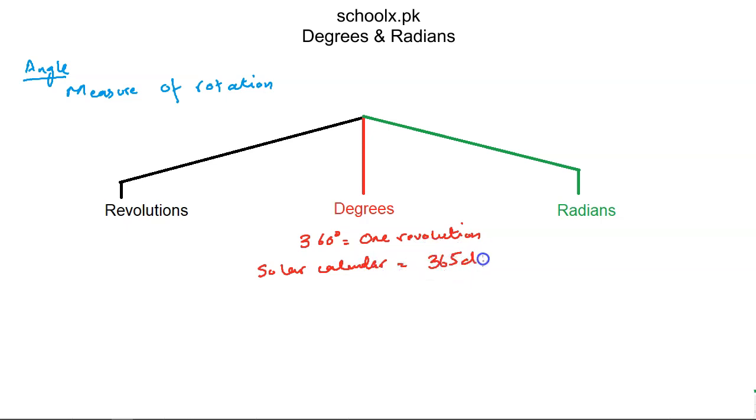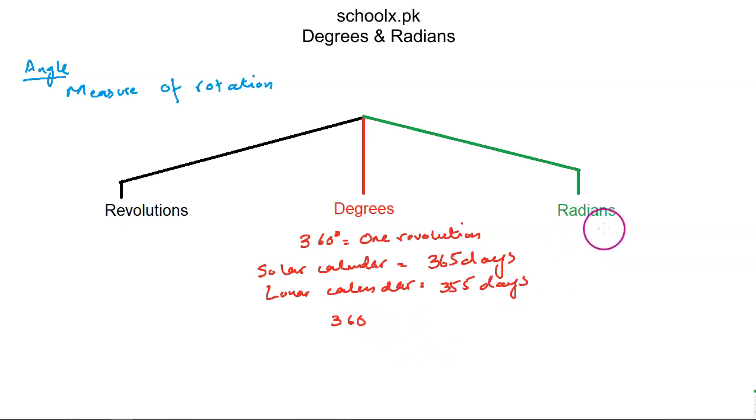This means that Earth takes 365 days to revolve around the Sun, and a lunar calendar has 355 days. So the common number or the mid number between these two numbers, 365 and 355, is 360. So hence they divided up a complete revolution in 360 equal parts, right?